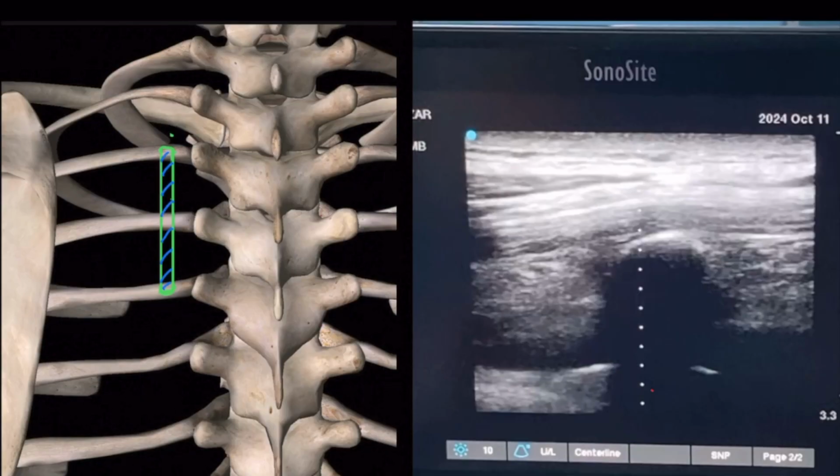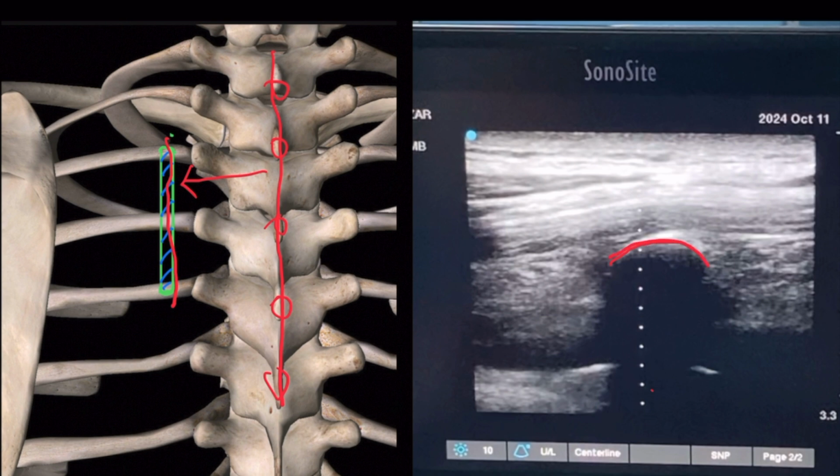To perform the ESP block, first you have to feel the spinous process, and this represents the midline. Just lateral to the midline, around 5 centimeters, you have to place your probe in a parallel direction, and what you will see is this sonoanatomy.